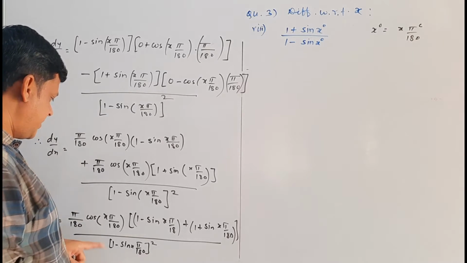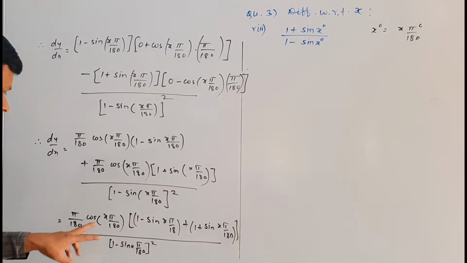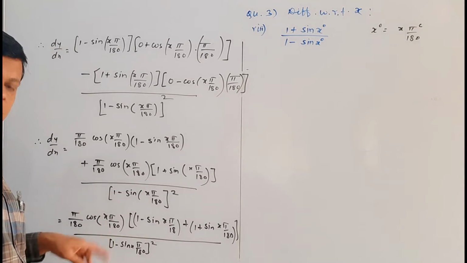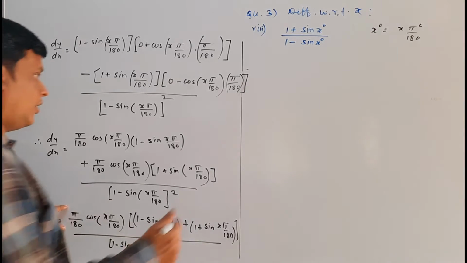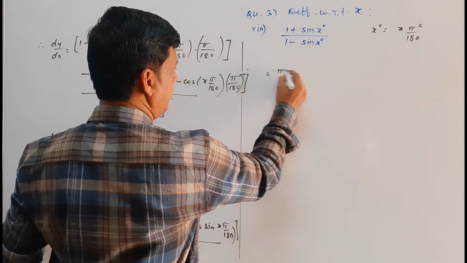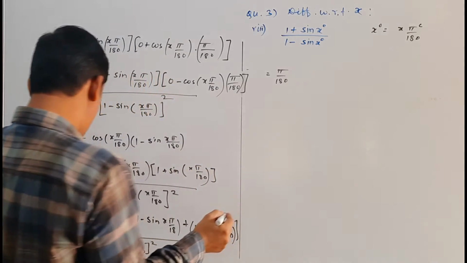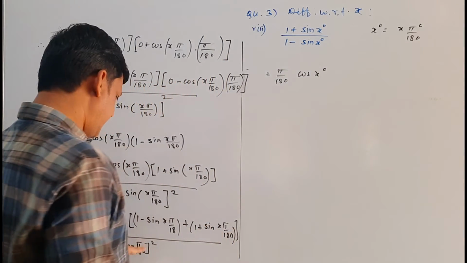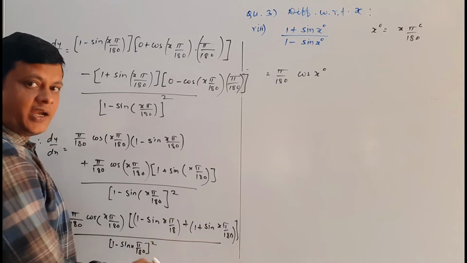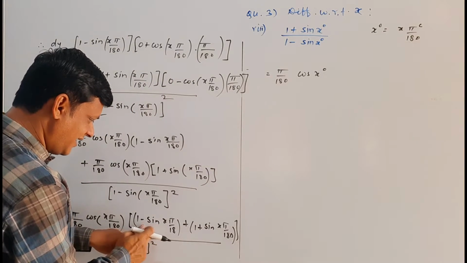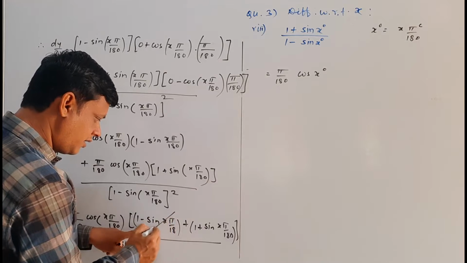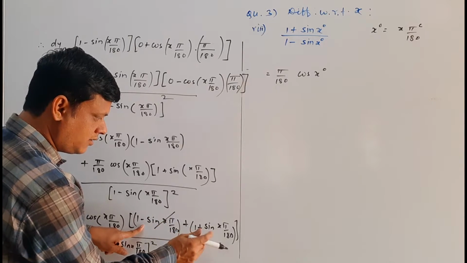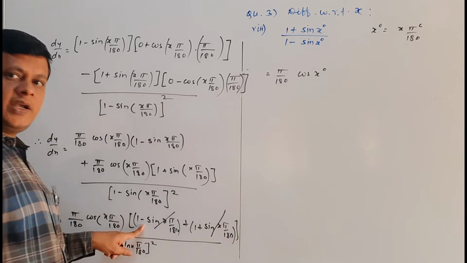Now once you differentiate the function, you can write this radian form in degree form also. So we write this pi upon 180, pi upon 180 cos x degree, cos of x degree. So when we remove this bracket, this minus sine x pi by 180 and this plus sine x pi by 180 get cancelled.